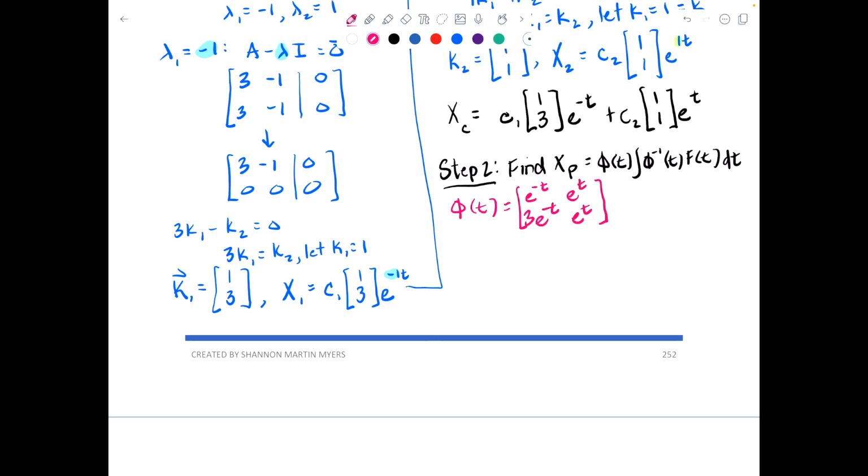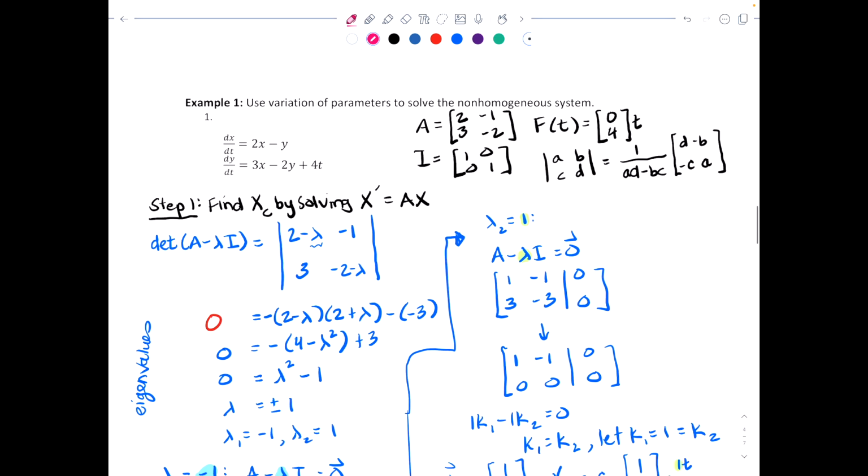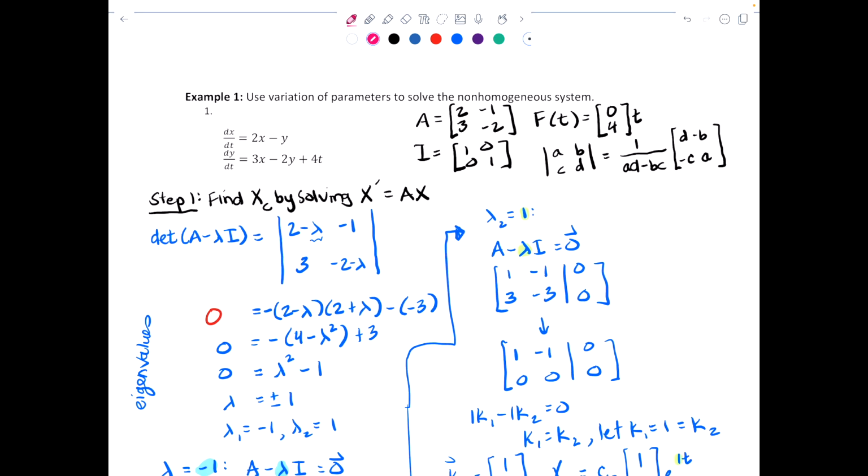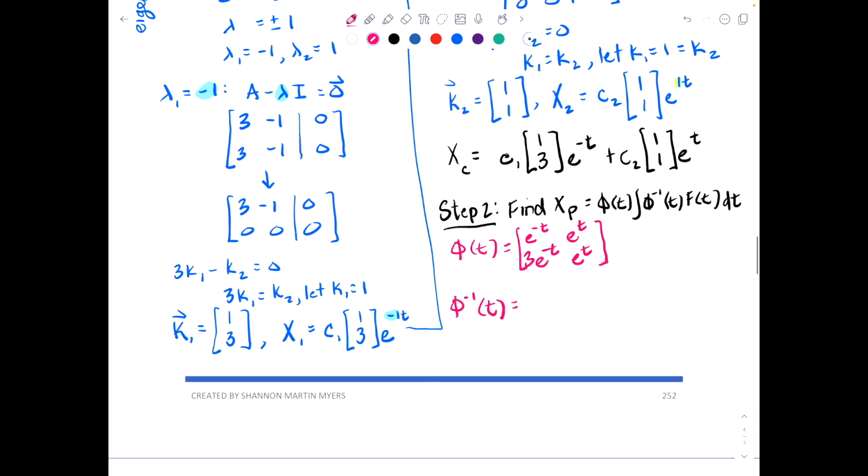Now we need to find Φ inverse at t. And for that one, we're going to use this method here again. So we're going to get 1 over e to the negative t times e to the t minus e to the t times 3e to the negative t as the coefficient, and then times the matrix.